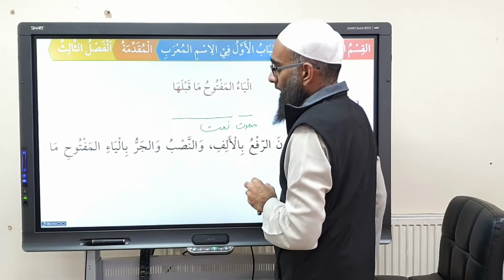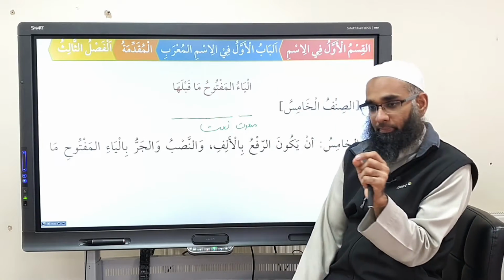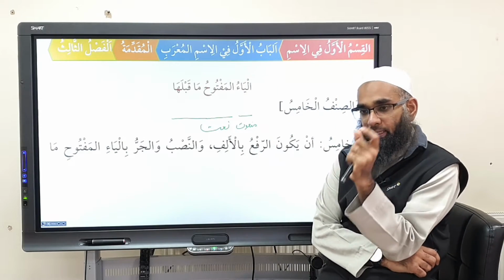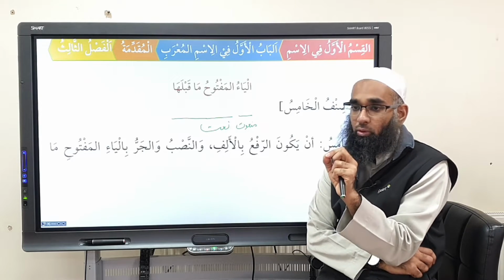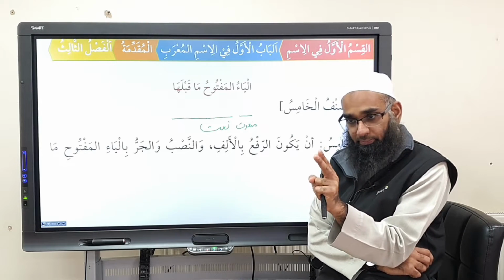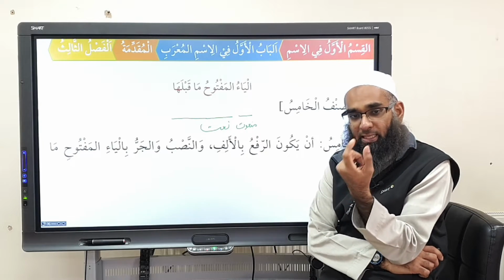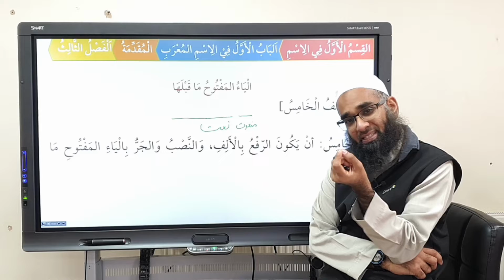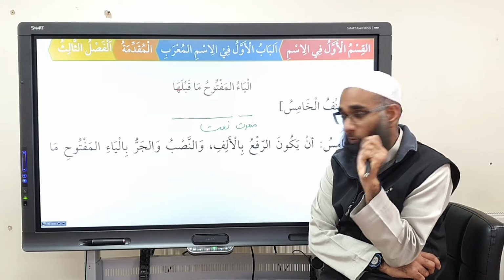Now, the rule that you would have studied is that an ismul fa'il and an ismul maf'ul can be used in two ways. One way is where it remains a pure noun.